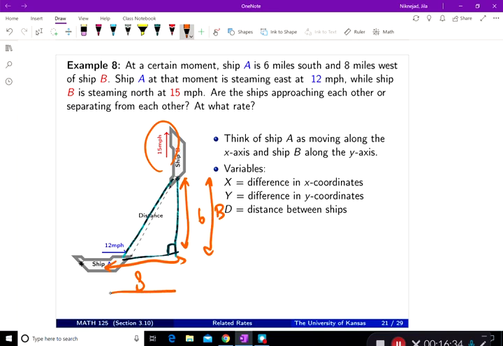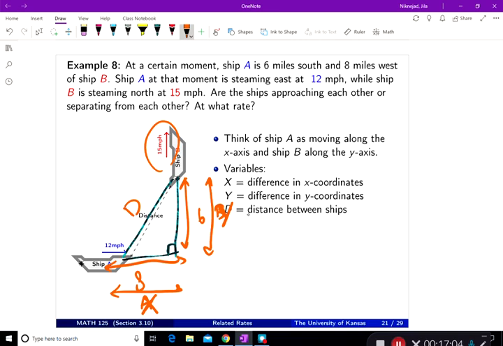Over here this distance is changing too, because ship A is going east at 12 miles per hour, and let's call this one A. Now, we can call them X and Y. In this problem, we call them X and Y. Now, how do we relate this? And then this is the distance we're interested in.